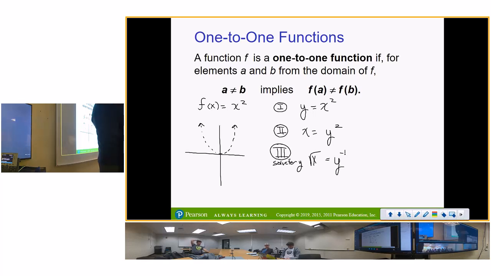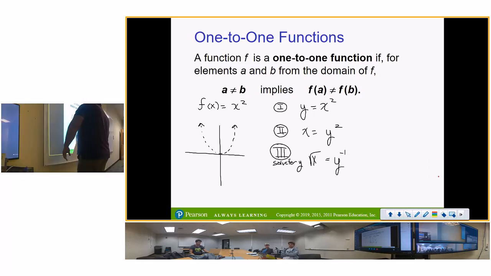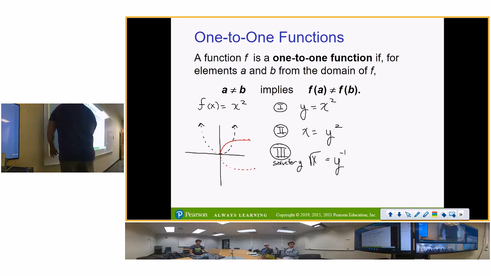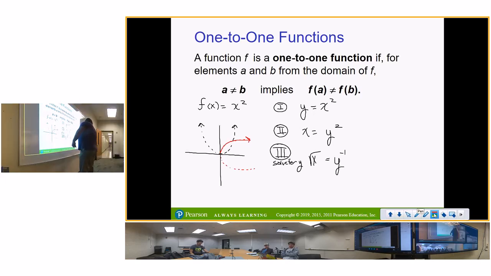And when you draw this function, it would look like this. Well, that's what it'll look like, but you can't draw all of this. Why? Because you can't take the square root of a negative. So this one is symmetrical around the oblique asymptote.